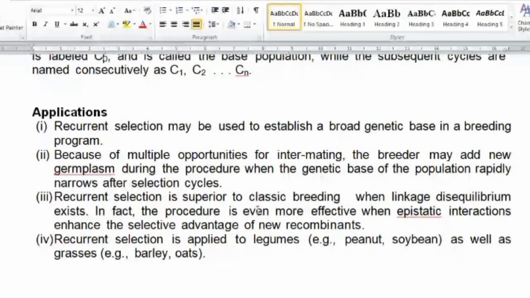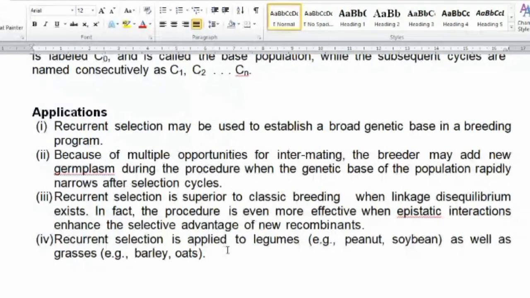Recurrent selection is superior to classical breeding when linkage disequilibrium exists. In fact, the procedure is even more effective when epistatic interactions enhance the selective advantage of the new recombinants.